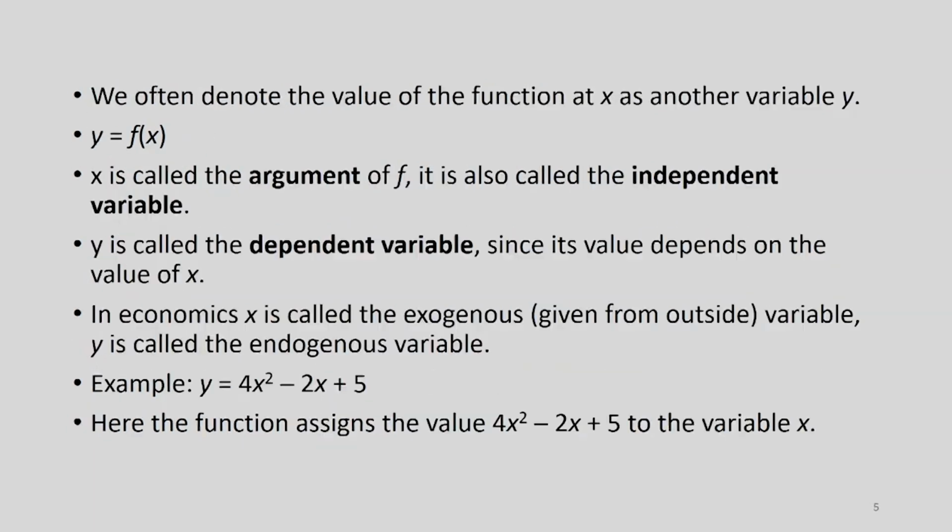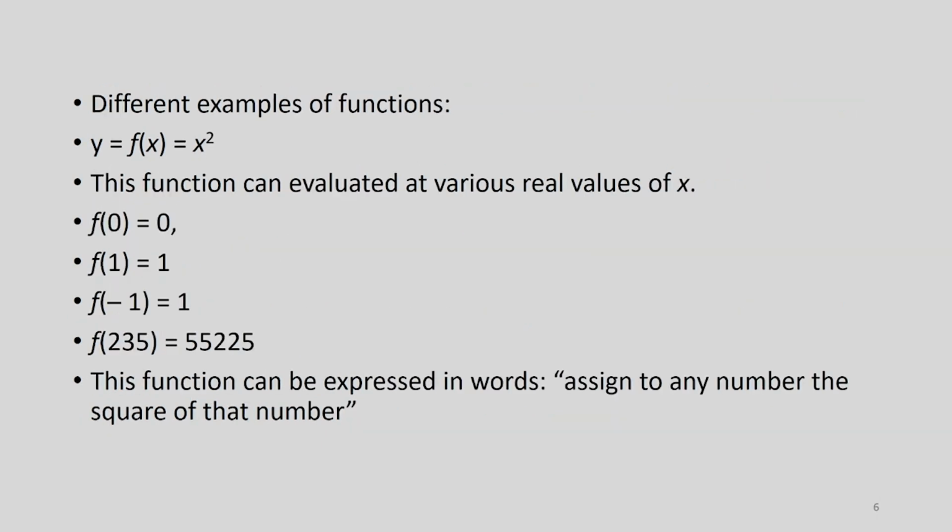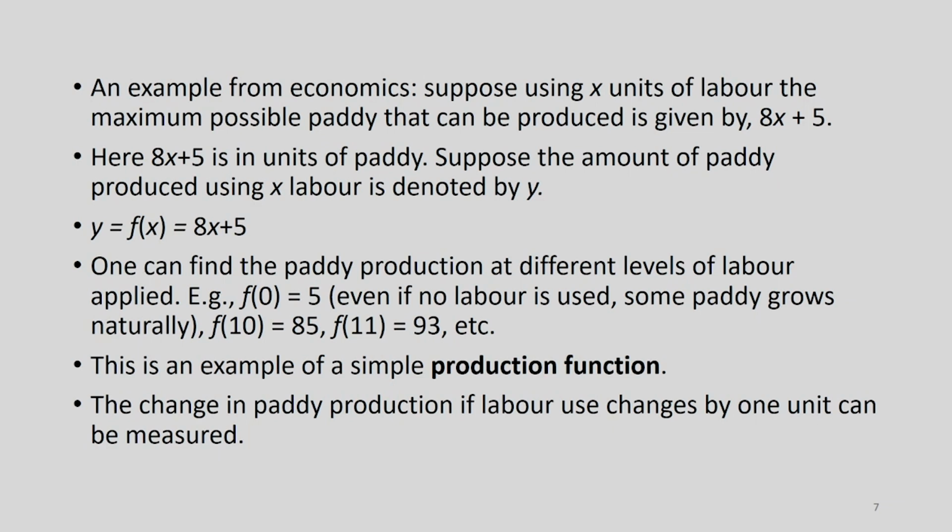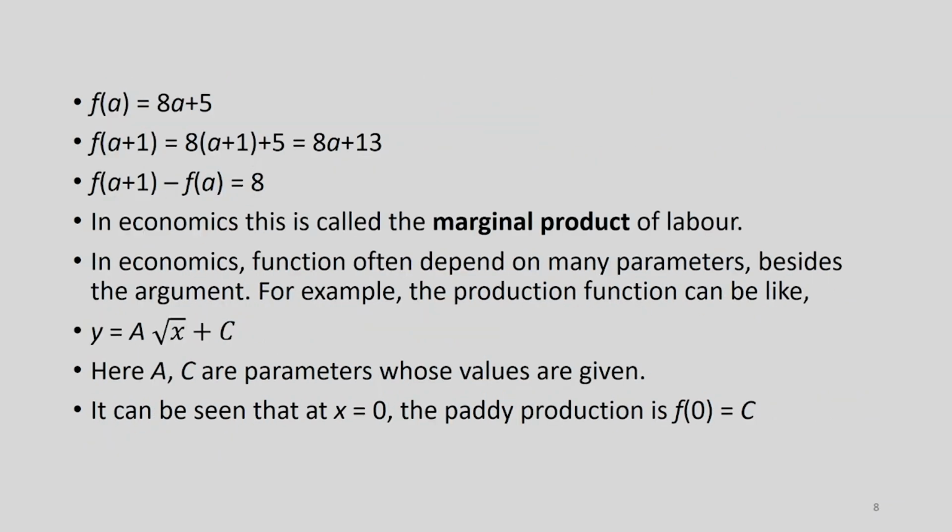So, the variable which is the x variable is called the independent variable or the argument, and the y which is f x is called the dependent variable. So, here are some examples of functions. We talked about production function, which is an application of function in economics.